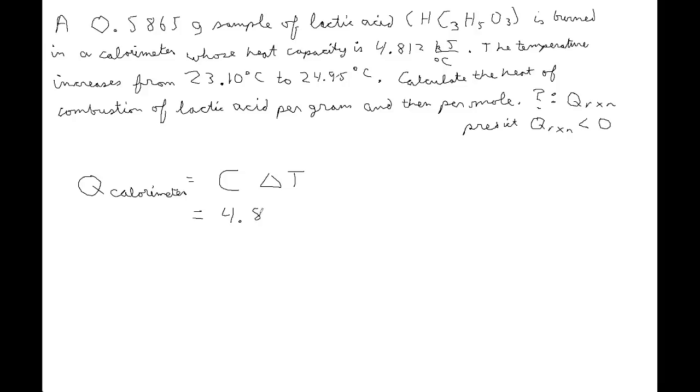Then you can multiply that by the temperature change, which is 1.85 degrees Celsius. So 4.812 times 1.85 is equal to 8.9022 kilojoules for the Q calorimeter.